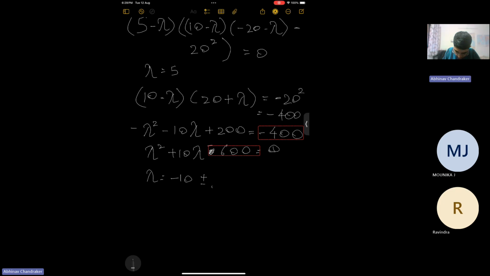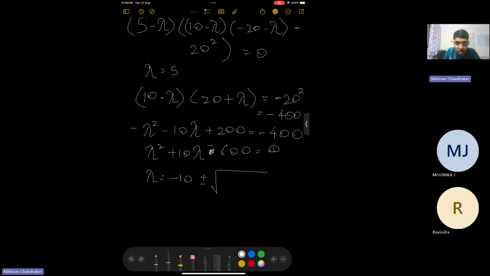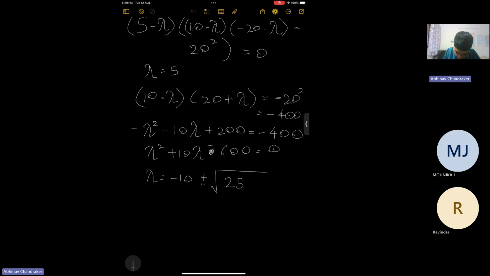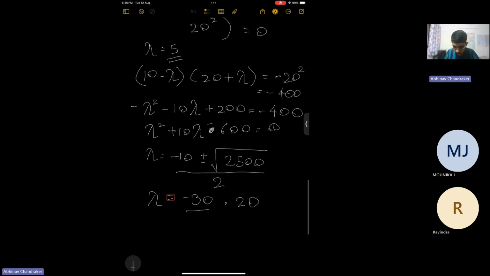Minus 10 plus minus root of 100 plus 2400, sorry, this will not be 700, this will be 2500, by 2 equal to minus 30 comma 20. So our values are 5, minus 30 and 20.